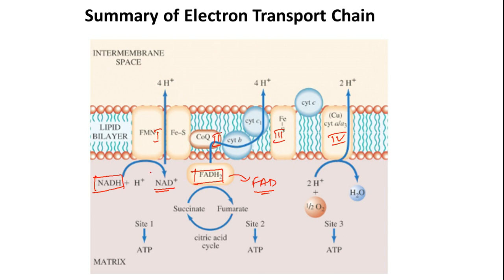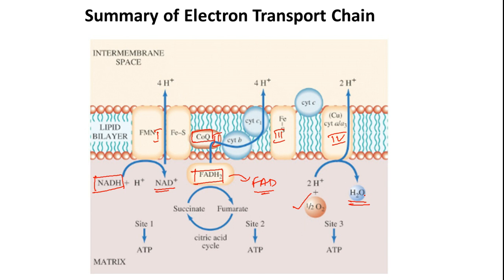That is, the electrons captured from NADH or FADH2 by coenzyme Q are transferred across the complexes via cytochromes: cytochrome B, cytochrome C1, cytochrome C and cytochrome A, A3, and ultimately these electrons are utilized for reducing oxygen to water.